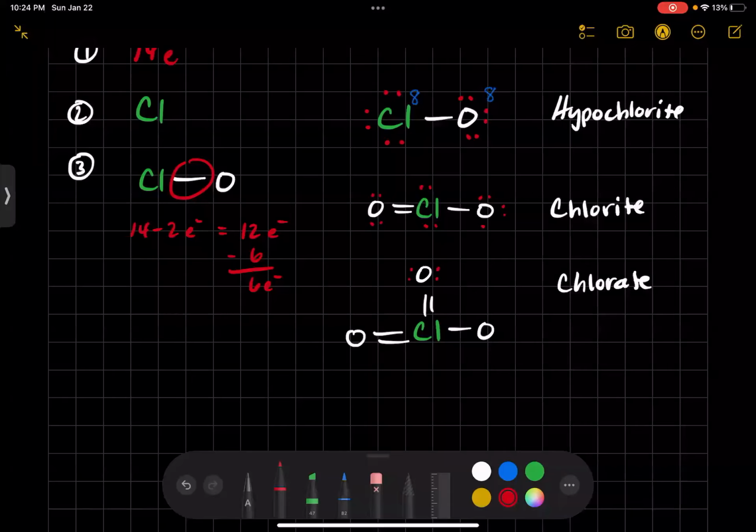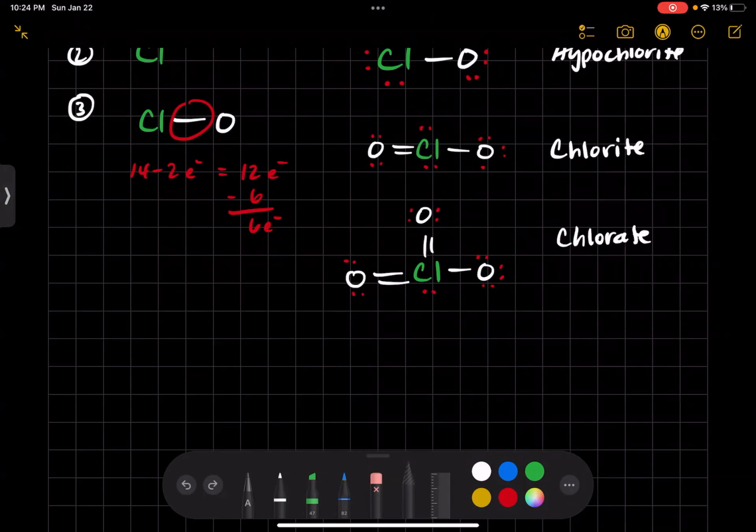And then 1, 2, 3, 4, 5, 6, 7, 8, 9, 10, 11, 12, 14 non-bonding electrons on oxygens. And then chlorine has 1, 2, 3, 4, 5. So I have to give it 2 non-bonding electrons here. And just like the other structures, it feels like it has 1, 2, 3, 4, 5, 6, 7. And this is called chlorate.